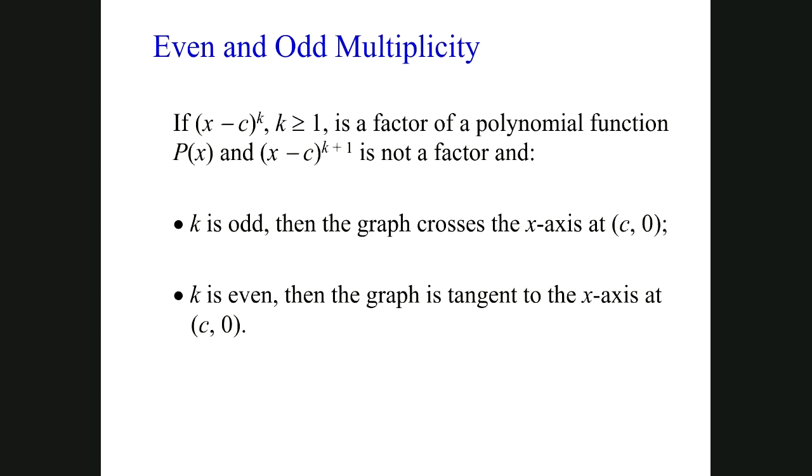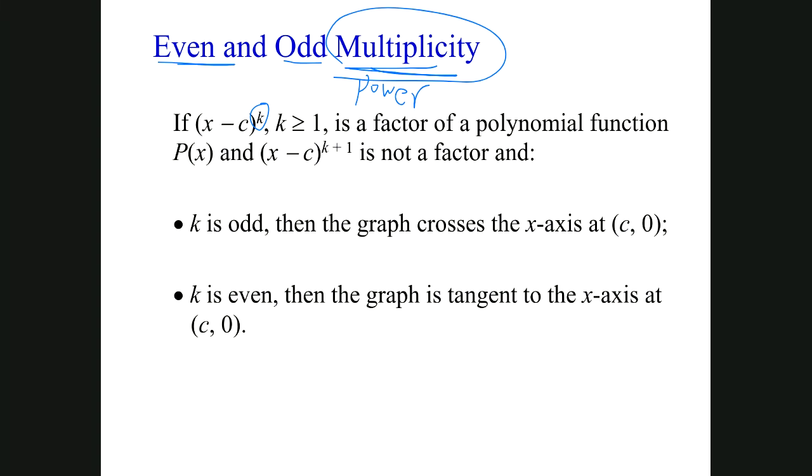All right, so we're going to look at the multiplicity in here. So what is multiplicity? Multiplicity actually is the power for this factor, okay? So k is called a multiplicity. If k is greater than or equal to 1, this is a factor of the polynomial function.